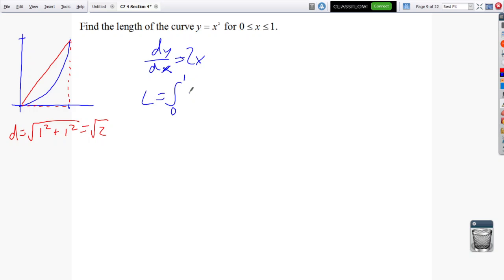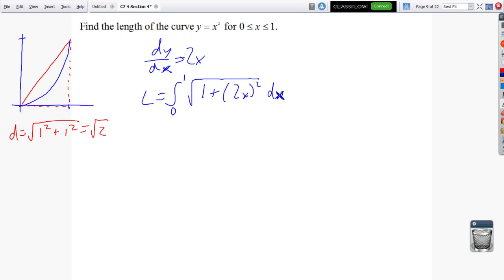So from 0 to 1 of the square root of 1 plus dy/dx squared dx. Once you get the derivative, just slam it into that formula: the integral from a to b of the square root of 1 plus the derivative squared dx.